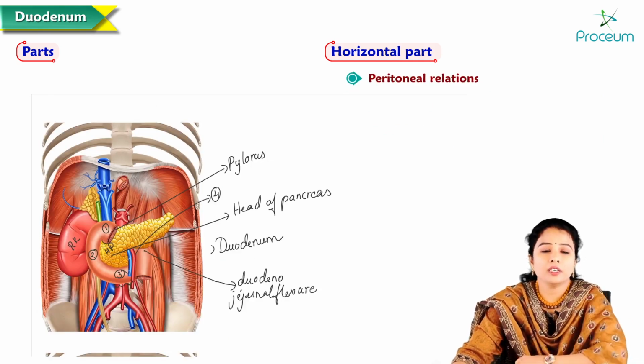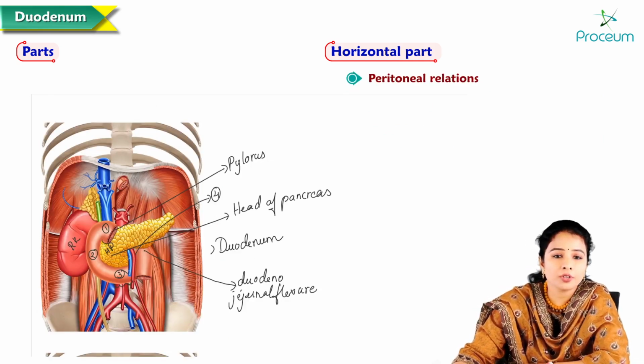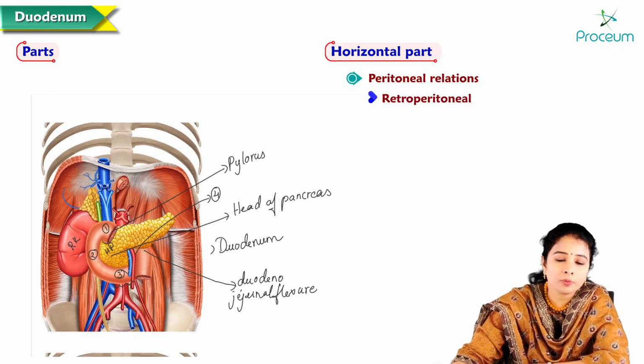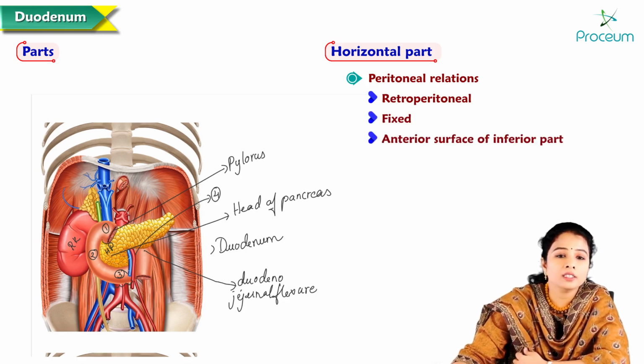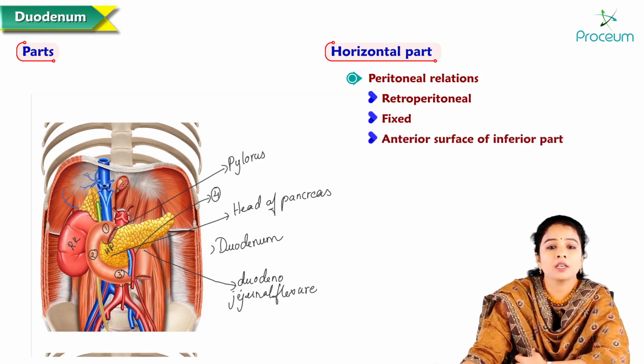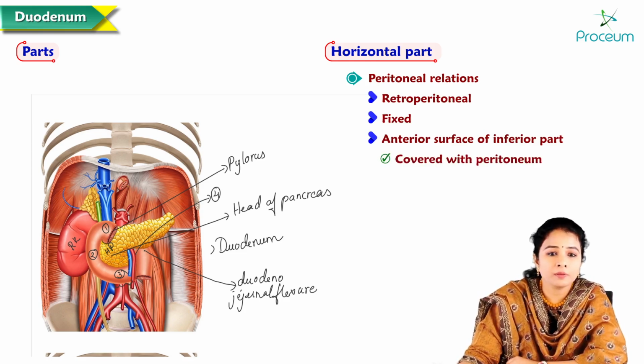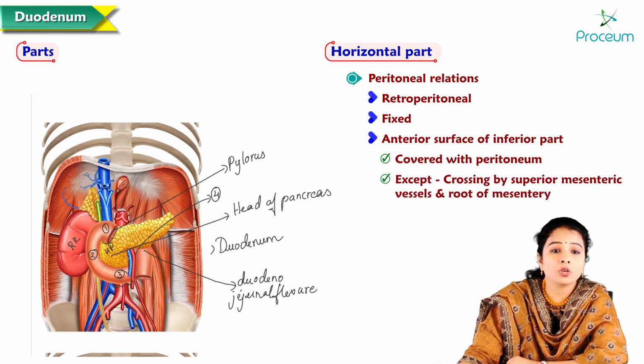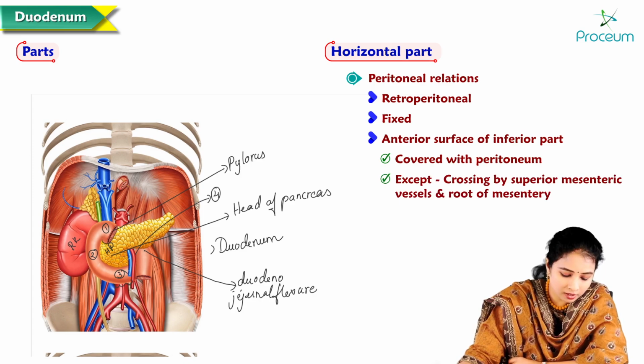Peritoneal relations of the third part of duodenum: it is also a retroperitoneal and fixed part of duodenum. The anterior surface of the inferior part is covered with peritoneum, except where it is crossed by the superior mesenteric vessels.